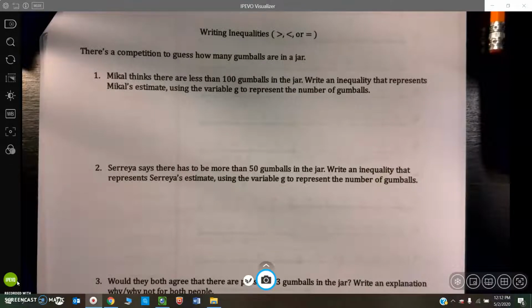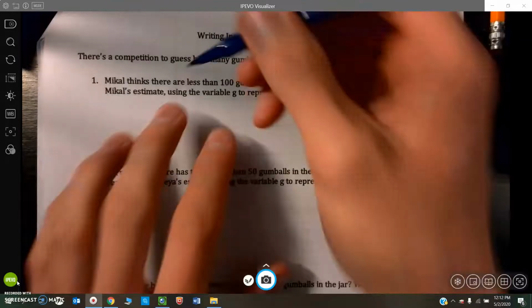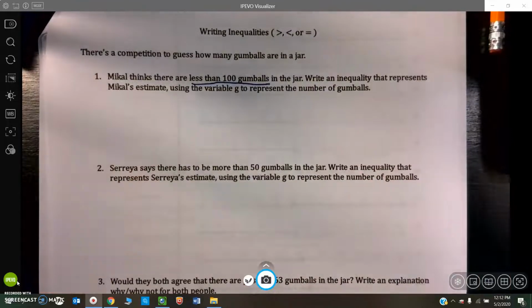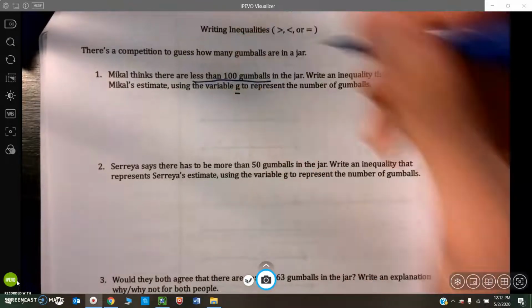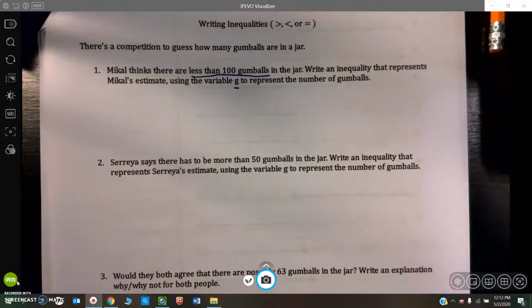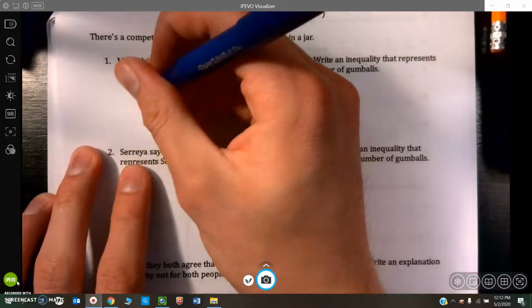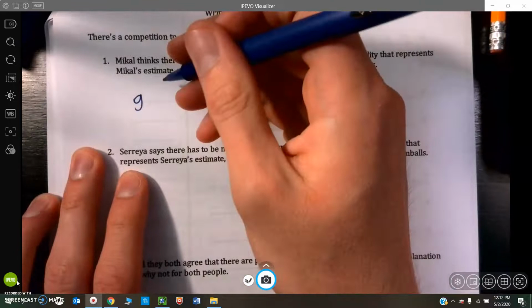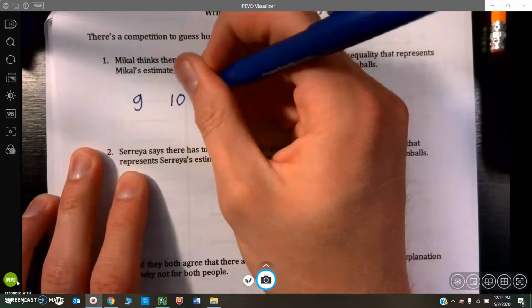So Mikhail thinks there are less than 100 gumballs in the jar. Write an inequality that represents Mikhail's estimate using the variable g to represent the number of gumballs. Okay? So we're using g, and the number he talked about is 100.